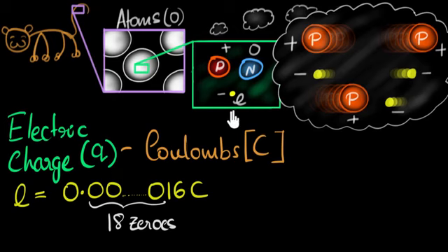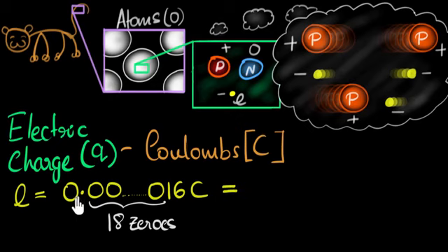So the electron has this much charge, but it's negative. Proton also has the same value of the charge, but it's positive. So they have the same values, but one has positive charge and the other one has negative charge. And of course, since it is so small, we often like to represent this in scientific notation.